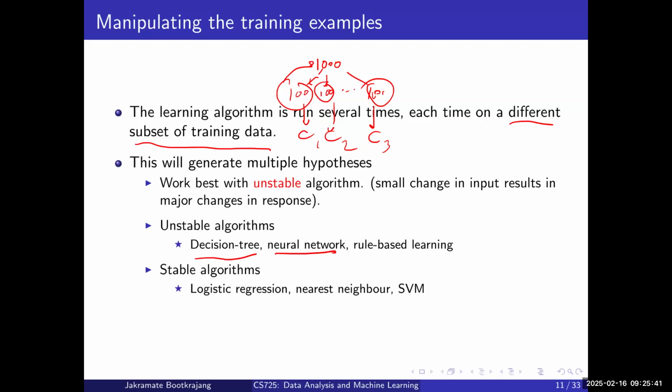So if you want to manipulate the training examples, those are your top two choices. Stable algorithms, for example regression, nearest neighbor, or SVM, are very robust to outliers. So even if you split the data into smaller groups, they would still give similar results. So we would want these two: decision tree or neural network.